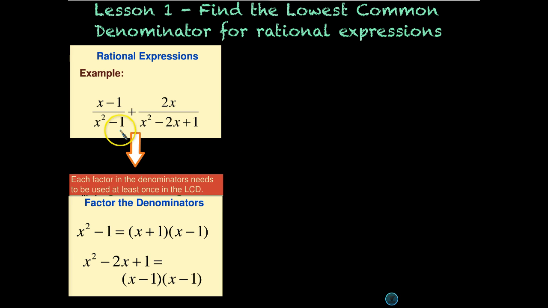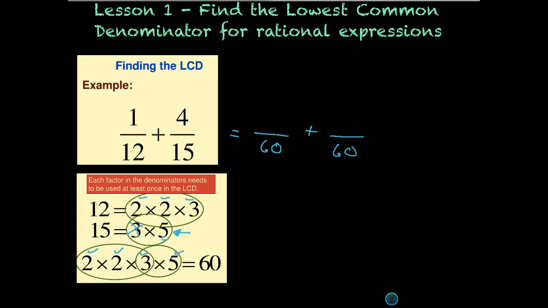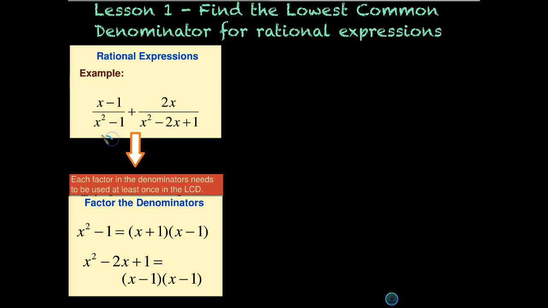When we have rational expressions, remember, we have a polynomial divided by a polynomial. In order to find the lowest or least common denominator, we need to factor the denominators just like we did with a regular fraction. We took the 12 and we factored it into 2 times 2 times 3. So for the polynomial, we need to take the x squared minus 1 and factor it.